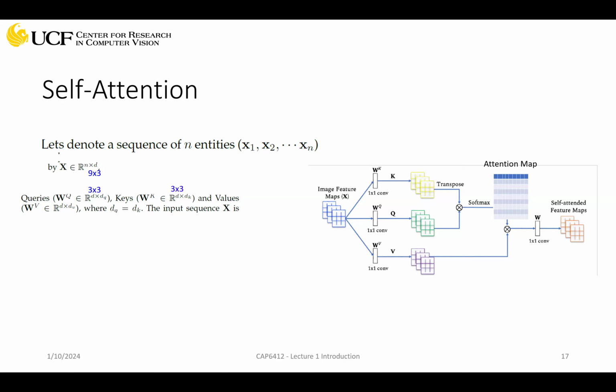WK will also be 3 by 3, and WV will be 3 by 3. So therefore, we will get these numbers now. Suppose we start with 9 by 3.